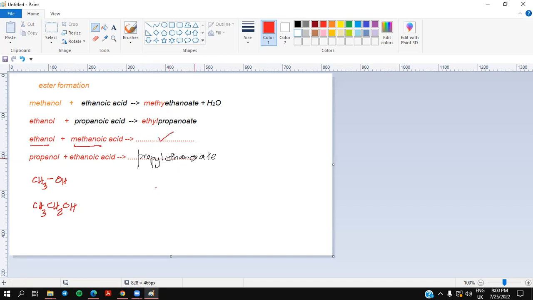Now I'll try to draw the structures of these esters. First, let me take ethanol, CH3CH2OH. I'll take the carboxylic acid part also. Ethanoic acid is CH3COOH.